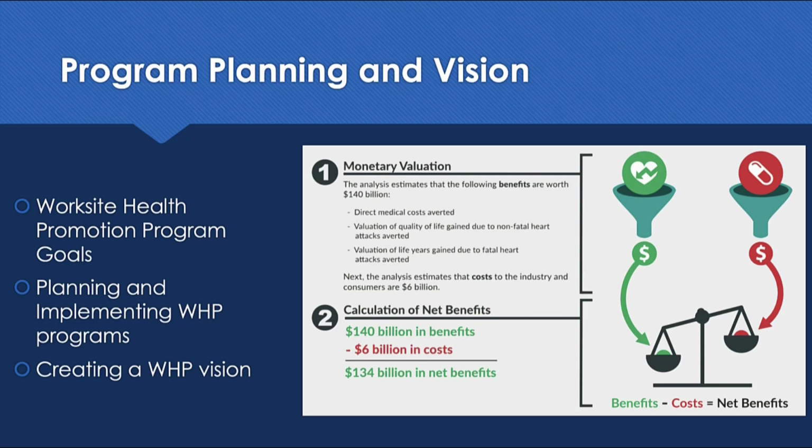I grabbed this picture here on the right from the CDC. This was an analysis that they did related to the removal of trans fats from the American diet. And they came up with a cost-benefit analysis. What would it cost to remove trans fats and replace them with something else for businesses and companies around the country?